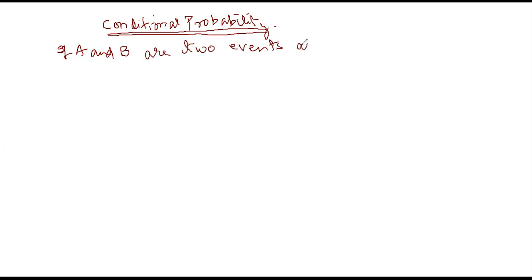So if A and B are two events associated with the same sample space, meaning one sample space, from a sample space we are taking two events of a random experiment.